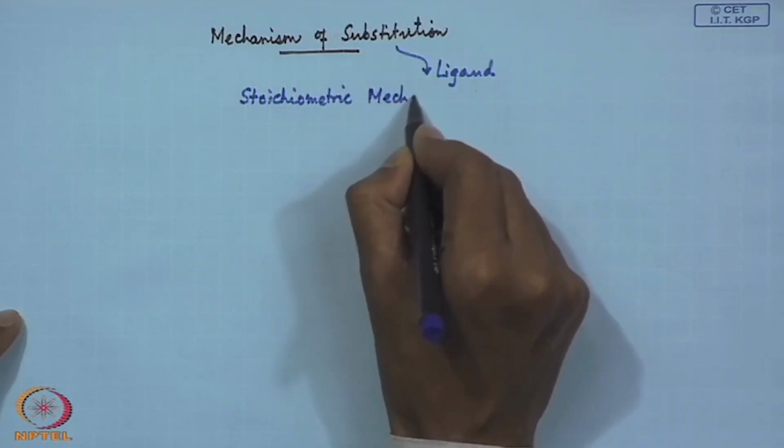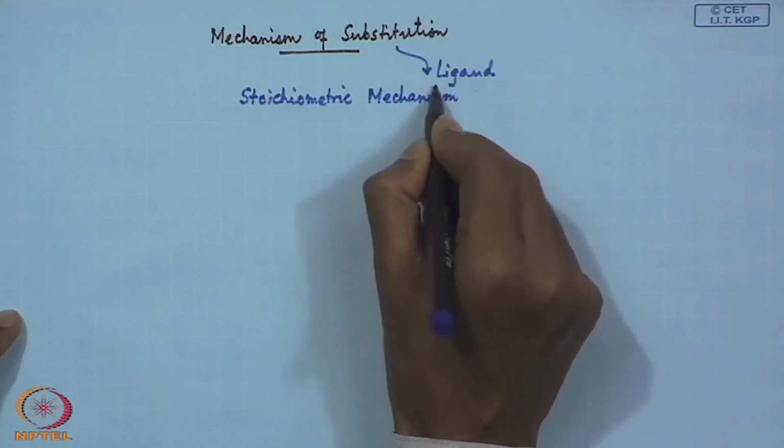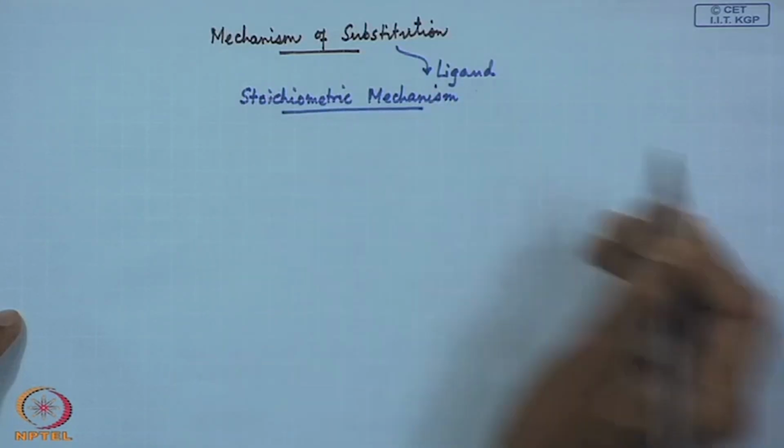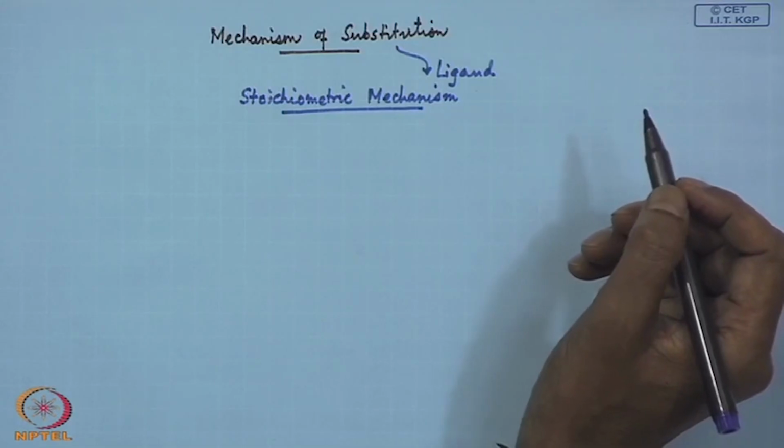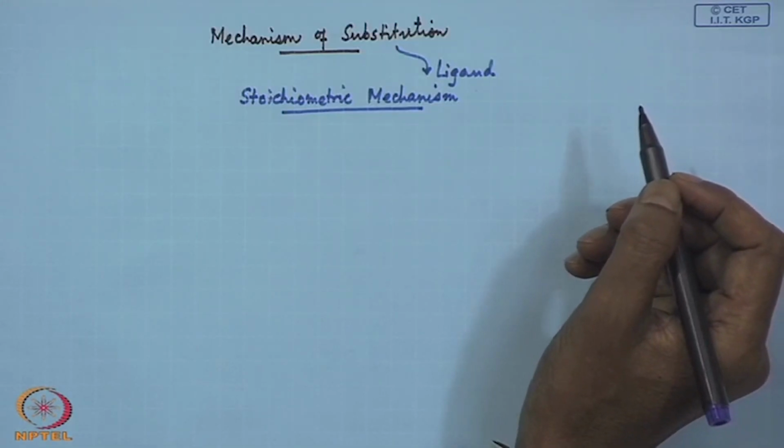So, whatever mechanism we can have is based on stoichiometric amount of the addition of the ligand to the metal center.